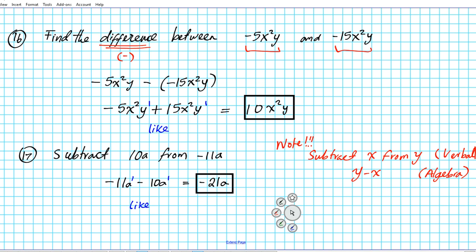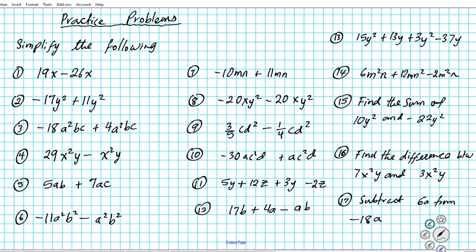Alrighty, now how well have you mastered the examples that we went over? We'd like you to try out the practice problems that we're about to display. Here are 17 practice problems.